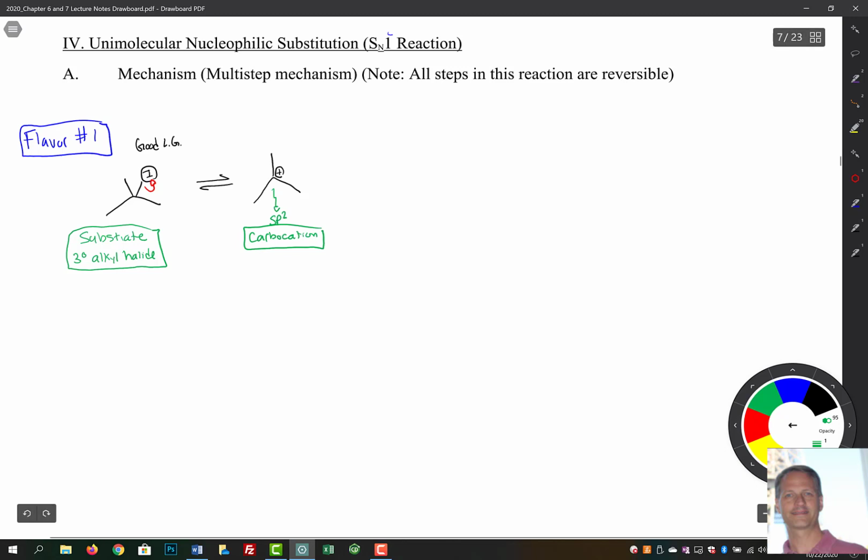Now it turns out that the stability of this is going to be very important. And I just want to make a note of that down here below. So really pointing this out here, the stability of this intermediate, or the ion, is important for this reaction.